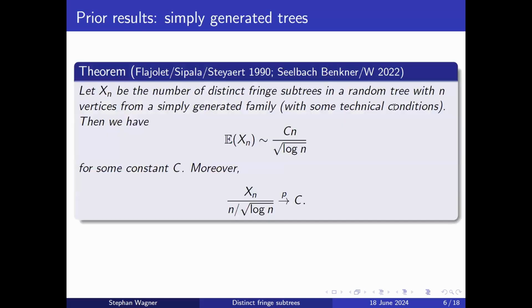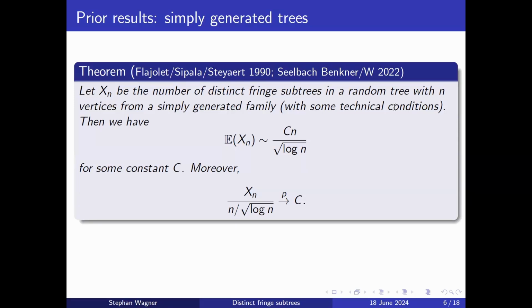So as I said, a result for simply generated trees goes back to 1990, Flajolet, Sipala and Steyaert in 1990, is that for simply generated families of trees with some additional technical assumptions, the compression is basically by a factor of square root log n. So there is a constant c involved here that depends on which specific family of trees you're considering, be it binary trees, labeled trees, plane trees, whatnot.